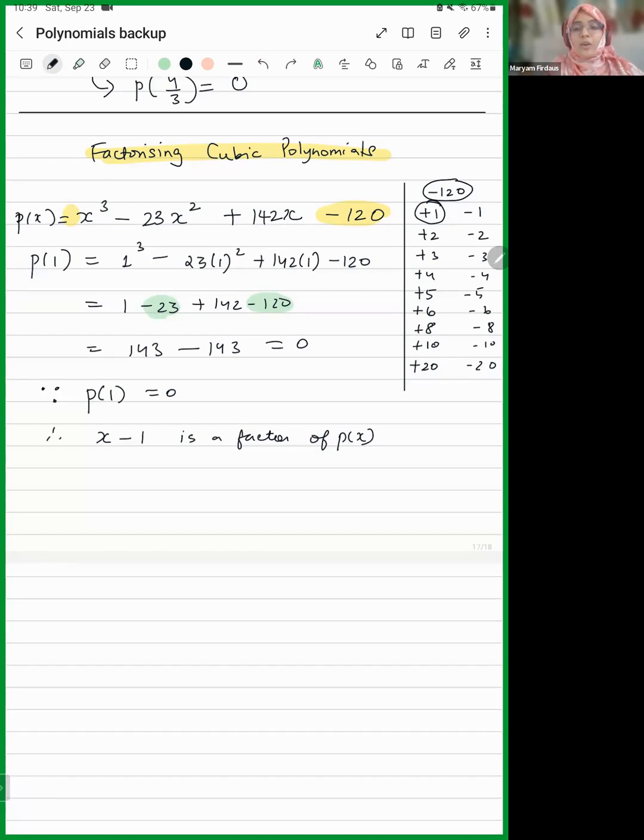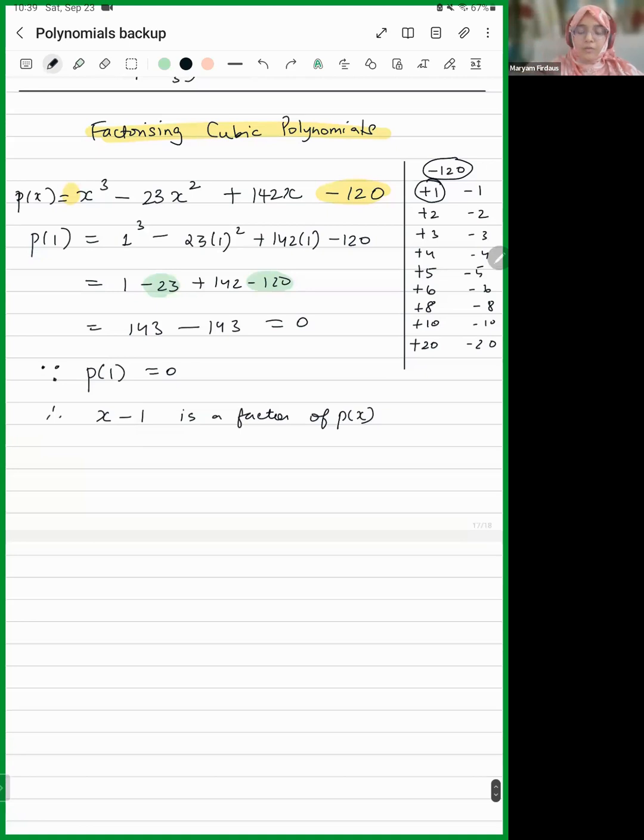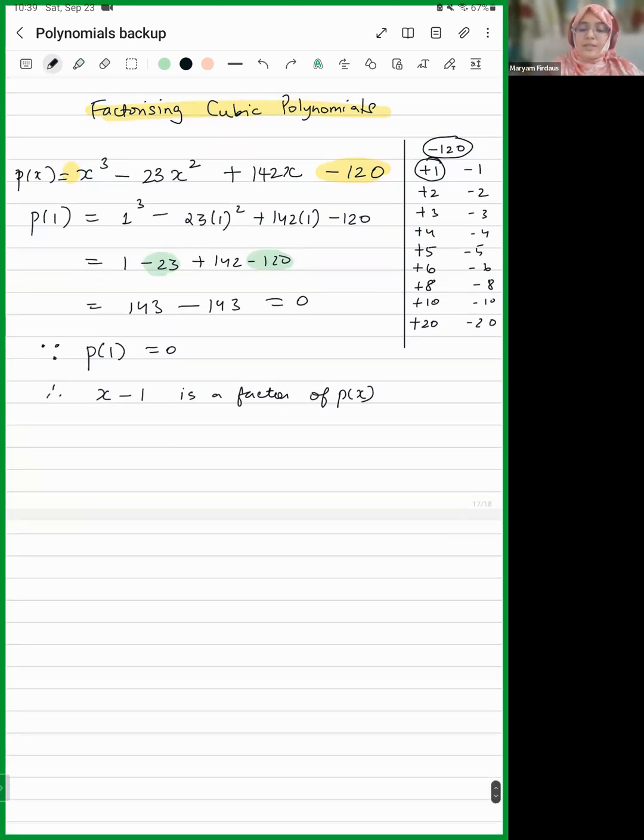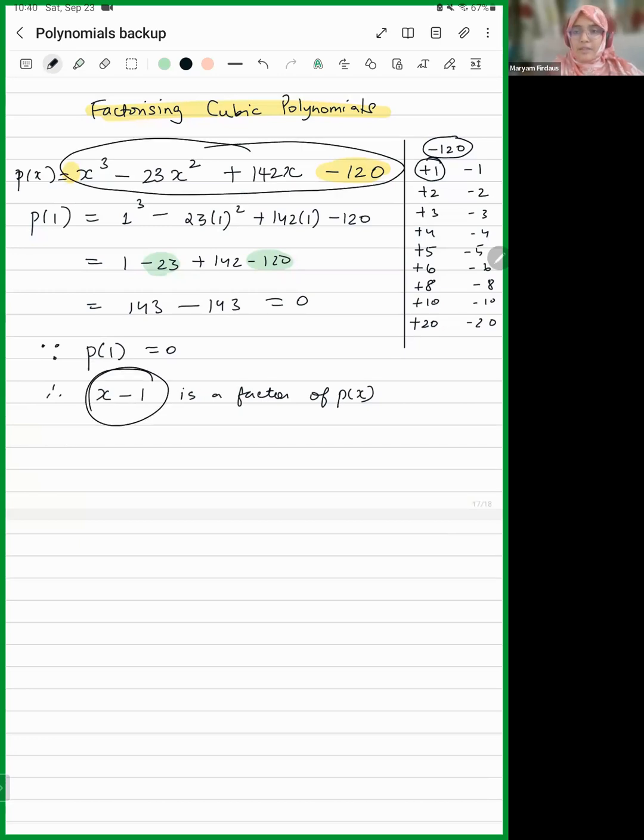But usually in your exams, they will give you something in which either 1 is a factor or minus 1 is a factor, because they know you don't have that much time to keep on trying one after the other. So since this is a factor, when you divide by it, the remainder will be 0.